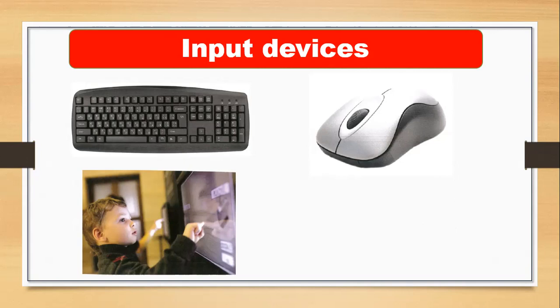So you can use a touch screen and a microphone. The microphone helps us to send voice to the computer. So the keyboard, mouse, touch screen, and microphone are input devices because these devices help us to send information to the computer by electrical signals.